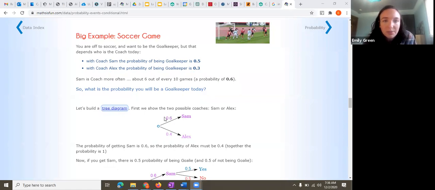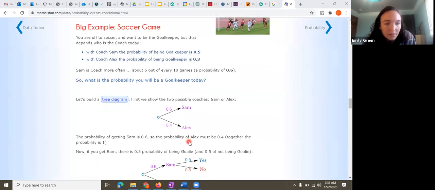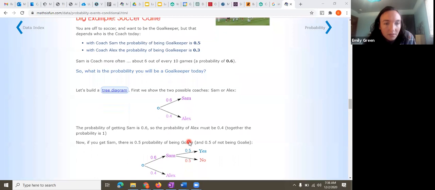If Alex shows up as coach, it's a 0.4 chance. That's one, right? But, oh no, that's what they're saying, is the probability that they'll show up. So the probability that Sam will show up is 0.6, the probability that Alex will show up is 0.4.